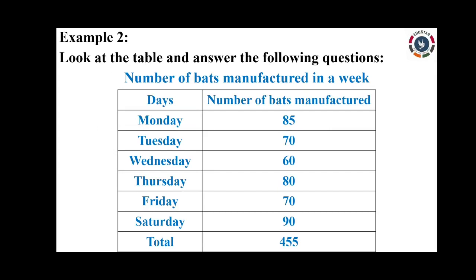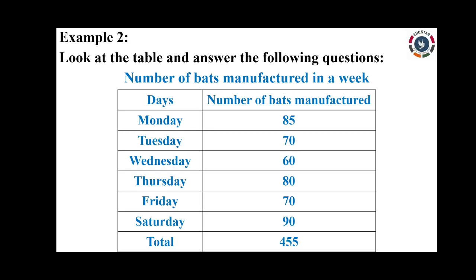Wednesday, 60 bats. Thursday, 80 bats. Friday, 70 bats. Saturday, 90 bats. So, in total, 455 bats were manufactured in a week.